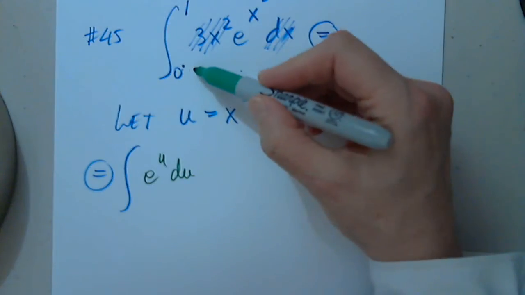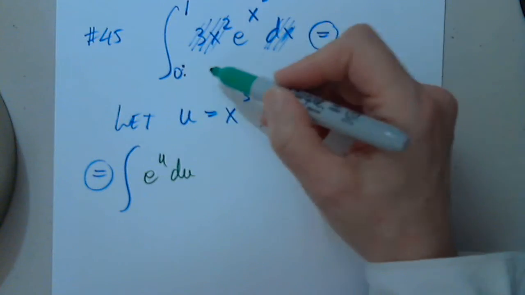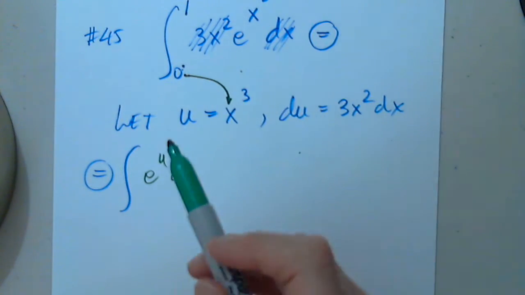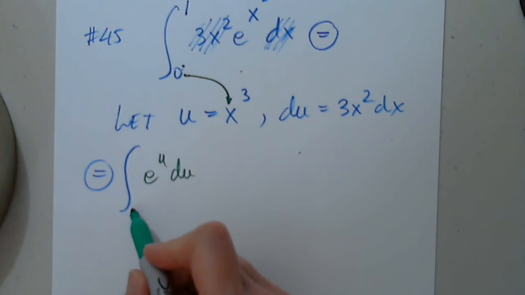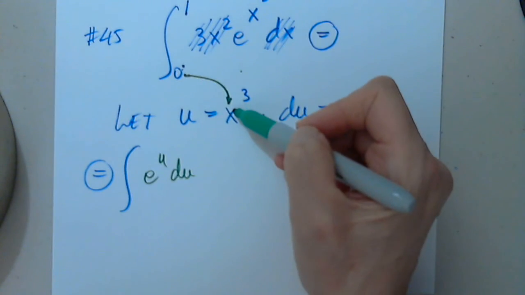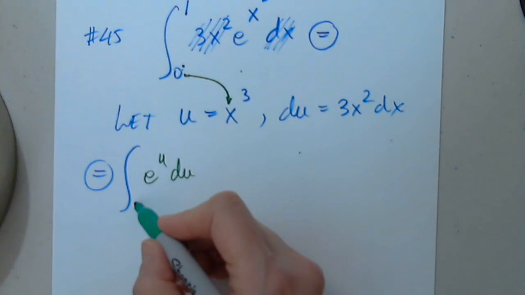Careful. The lower limit for x is 0, what will be the lower limit for u? When x is 0, how much is u? 0.